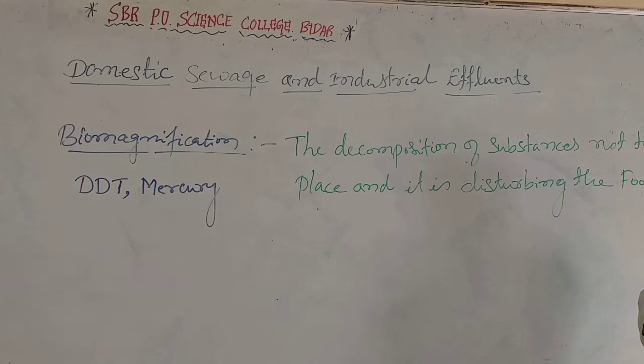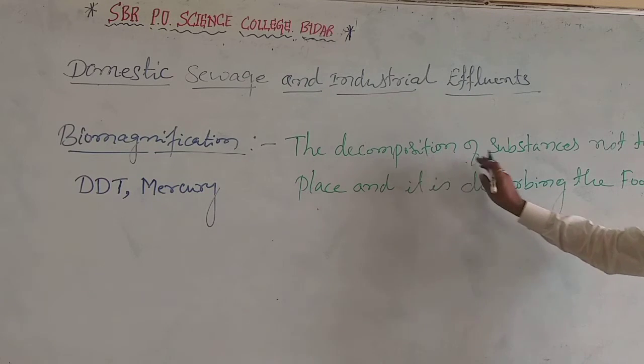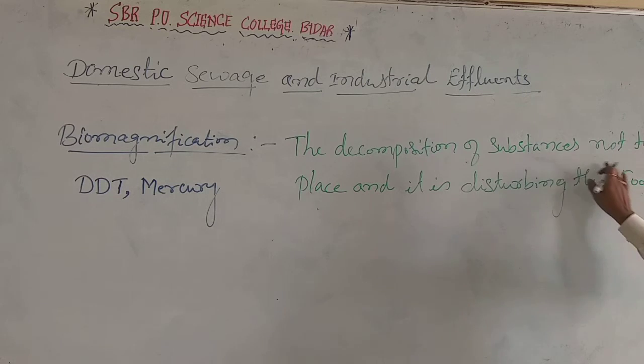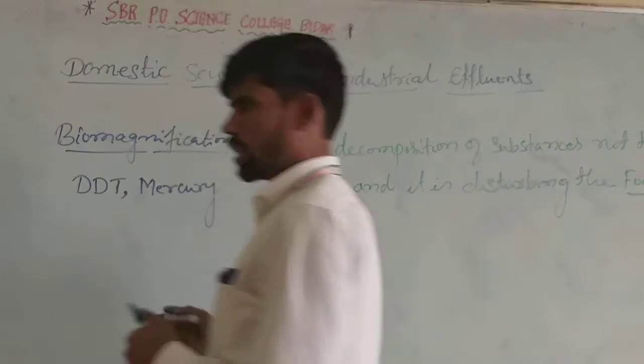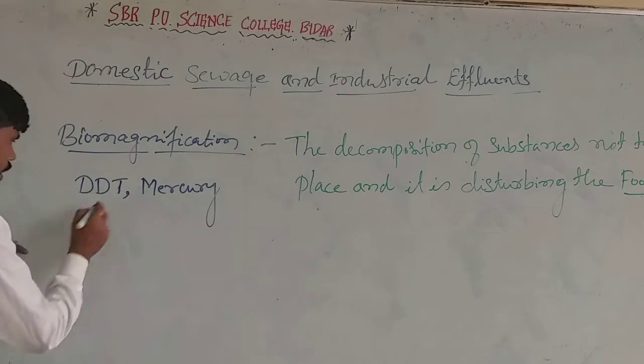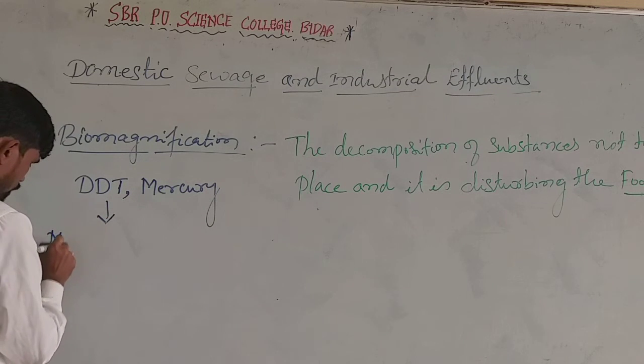So how is it disturbing? If decomposition takes place, it happens in a systematic, balanced manner. If it is not decomposing, these substances disturb the food chain. They are disturbing because they will not be excreted, so they affect the metabolism.